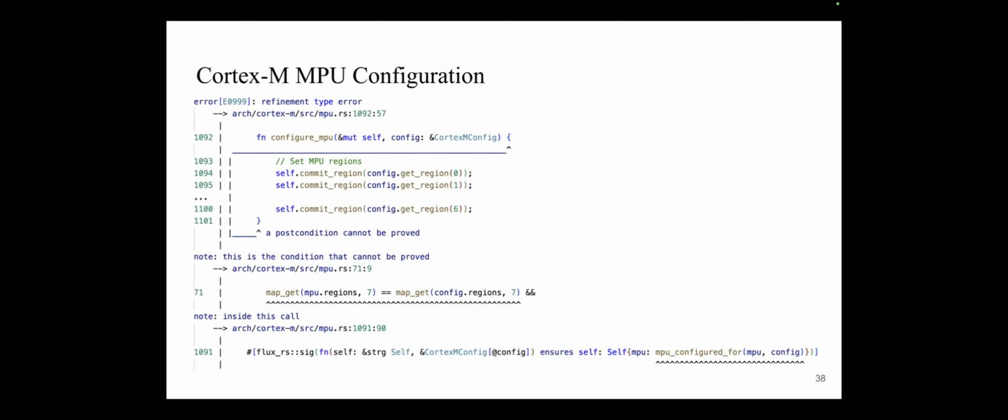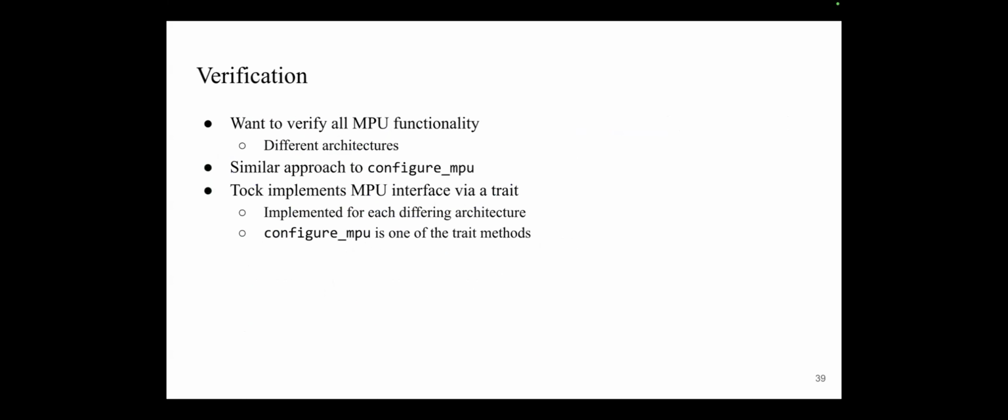And so with this type of verification, we're going to be able to catch and fix bugs like the one that I showed you earlier. Okay, so that's just a small example for one function that deals with the MPU, but we really want to verify all of the MPU functionality.